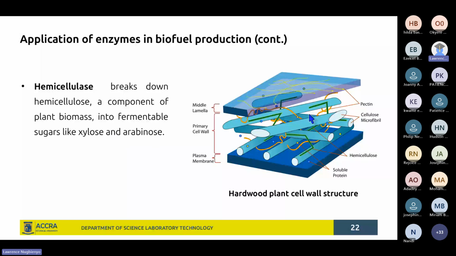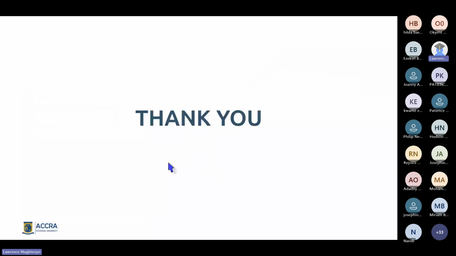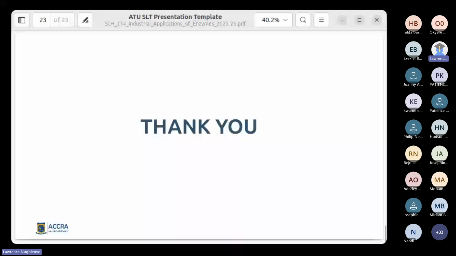Obviously, if you break down this hemicellulose, this whole network, which also contains pectin and cellulose, will be exposed to the breakdown by the various enzymes that we just looked at. All right, so I think this is where I'll end it and open the floor.